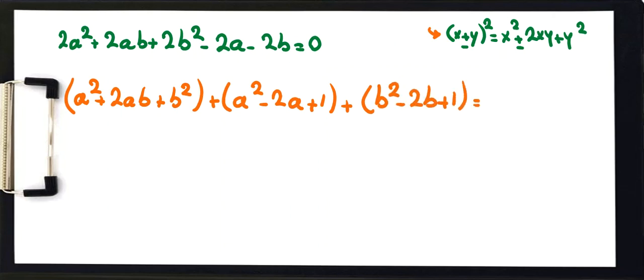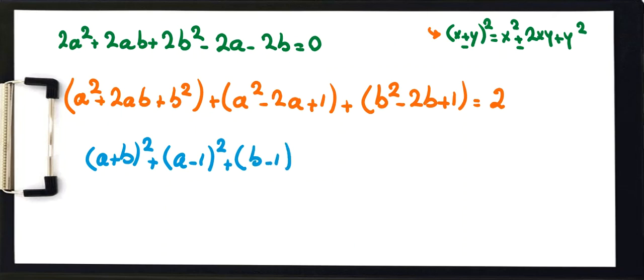But we don't have two ones on the left hand side, so we should add two ones to the right hand side, which is 2. Now let's write the left hand side as a sum of perfect squares. First one is a plus b squared, second one is a minus 1 squared, third one is b minus 1 squared, equal to 2.